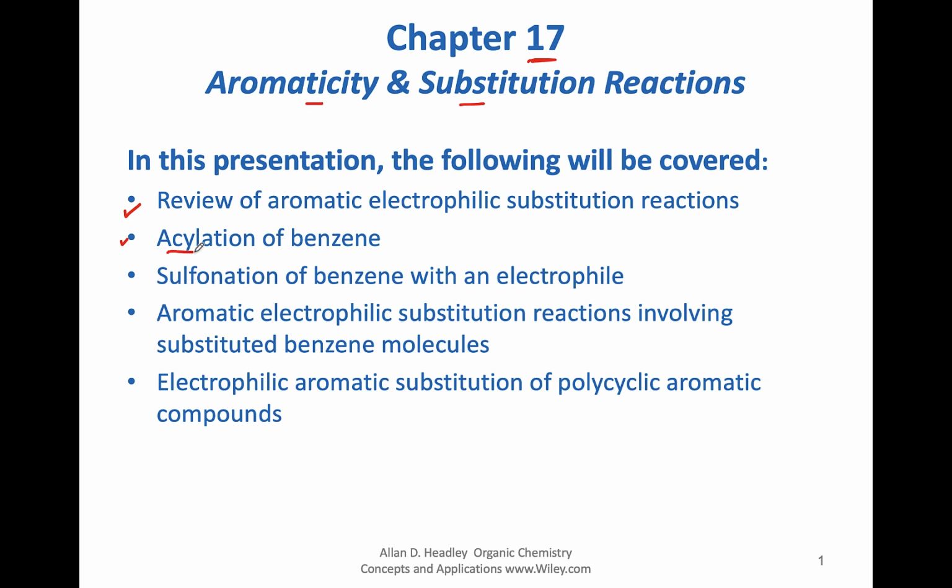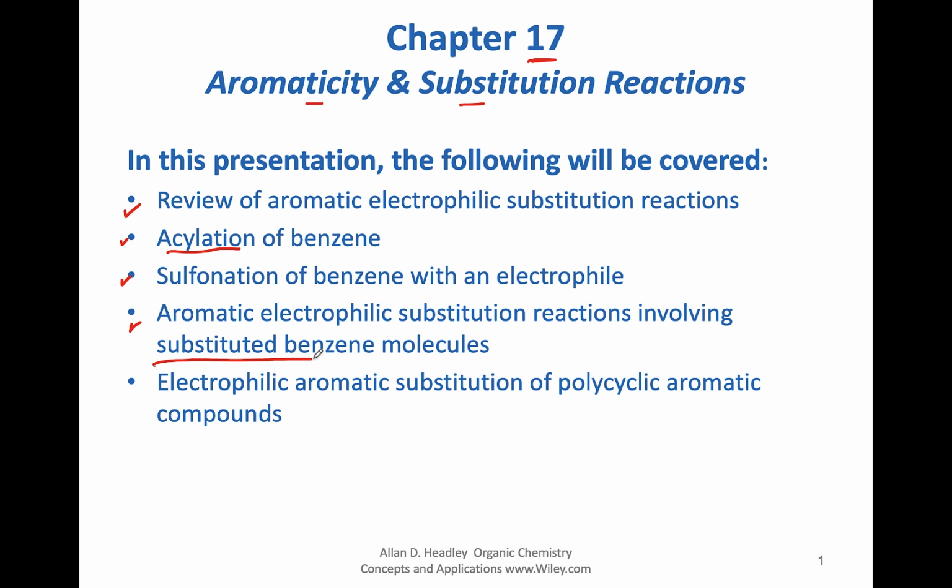Notice this is acylation compared to alkylation, which we did earlier. Next, we'll do another type of reaction called the sulfonation of benzene, and we'll demonstrate the importance of sulfonating a benzene ring. Then we will concentrate on the reactions of substituted benzenes.